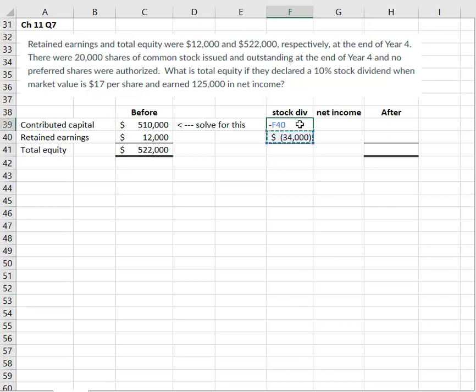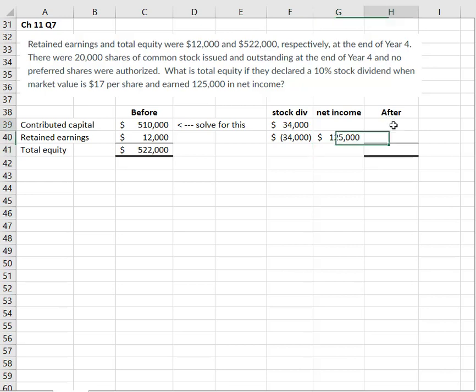And that would go up into contributed capital. It would go into the common stock at par and excess of par. Here they don't even give you that. They just want you to know theoretically it's going up in that portion of the equity accounts. Okay, and total equity didn't change. A stock dividend just rearranges furniture within the equity section. And then net income would make retained earnings go up.